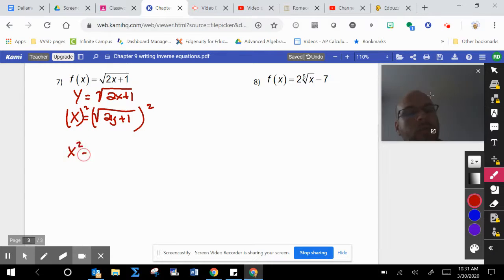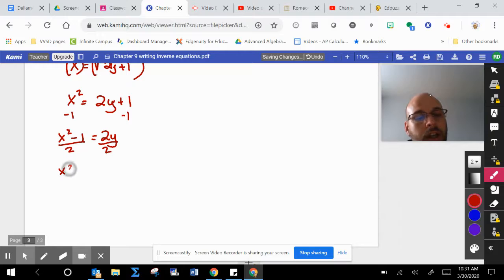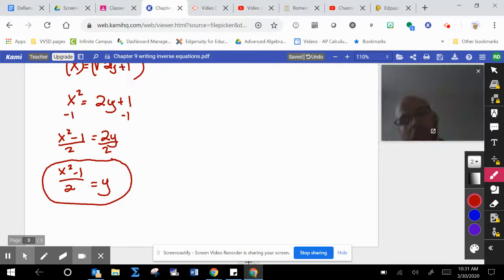So now I get an x squared equals a 2y plus 1. Subtract the 1. I get an x squared minus 1 equals 2y. And then last but not least, divide the 2. So I have an x squared minus 1 all over 2 equals y. That would be my inverse equation.